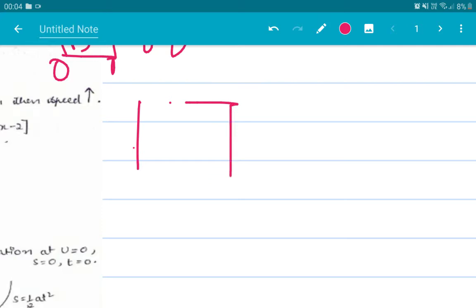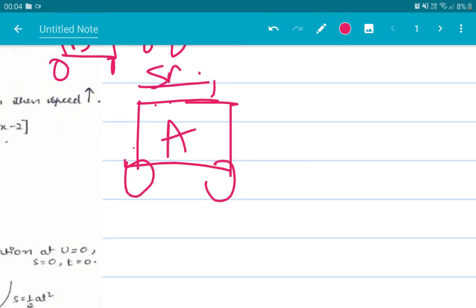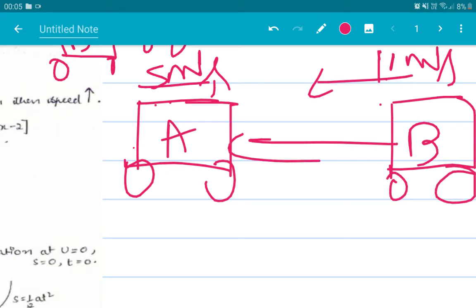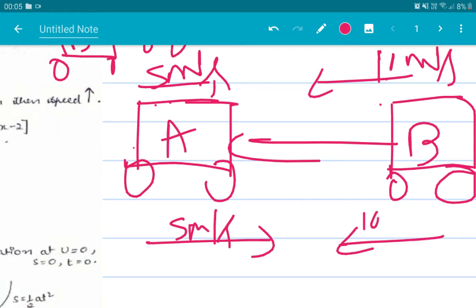Now let's consider another case. You are A, moving like this with 5 meters per second speed, and I am B, coming forward towards you with 10 meters per second speed, and I hit you. What happens? Your speed of 5 meters per second is in this direction, and my speed of 10 meters per second is just opposite to that.